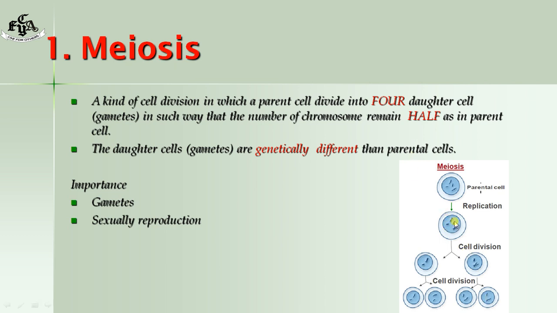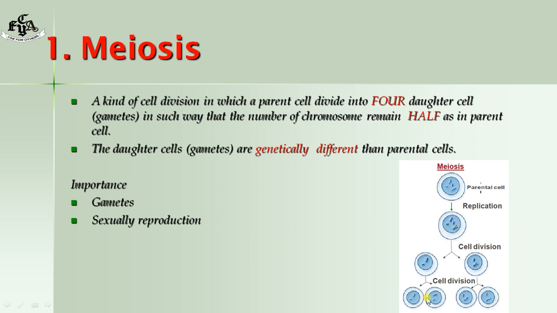As in this parental cell the number of chromosomes is 4, and in these daughter cells it is 2, so it becomes half. Another property of meiosis is that the heredity, DNA or genes are not exactly the same as in the parent cell. These daughter cells are genetically different from the parental cell.